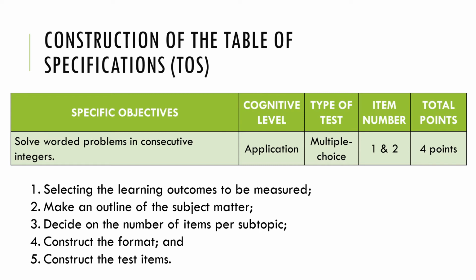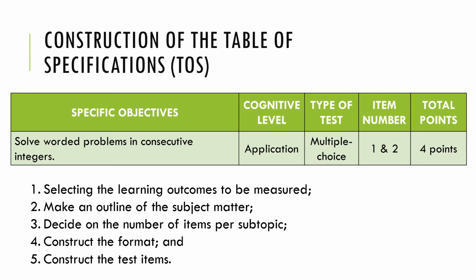So the first one, for you to construct your table of specifications, the first step is selecting the learning outcomes to be measured. So again, before we construct our table of specifications, go back to the instructional objectives, try to look at, and then that's the time that you have to write it sa first column natin. That's a specific objectives.